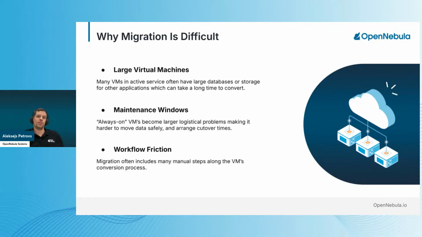But if one is off for migration, you may think, okay, now it's no longer HA, right? It's only one node while we are migrating another one. So once again, large VMs and in general VM migration takes time to convert. It's something to think about for why the migration might be difficult.